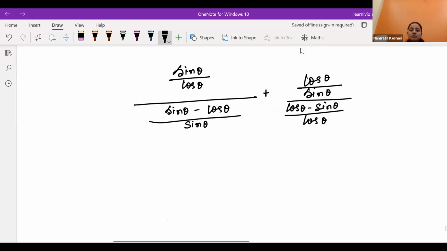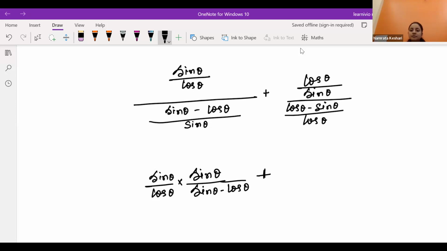So now fraction by fraction we are having. We know we can write it as sine theta over cos theta into the sin theta minus cos by sin is there. We can reciprocal, sin theta minus cos theta, right?